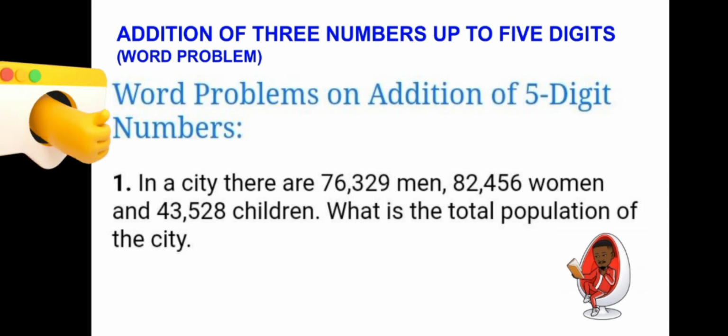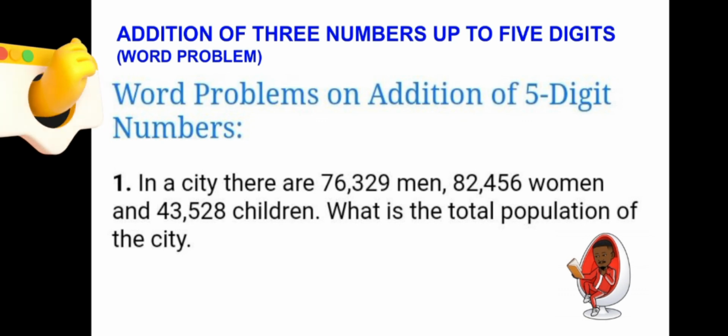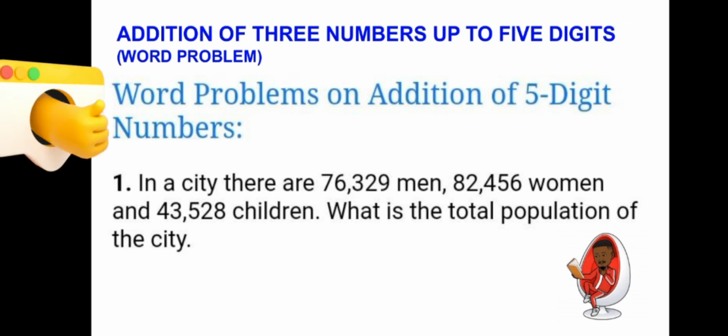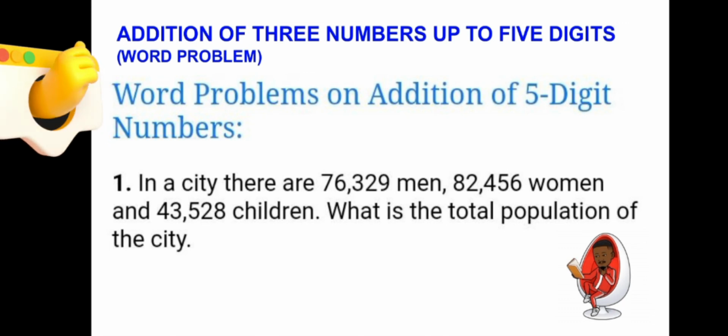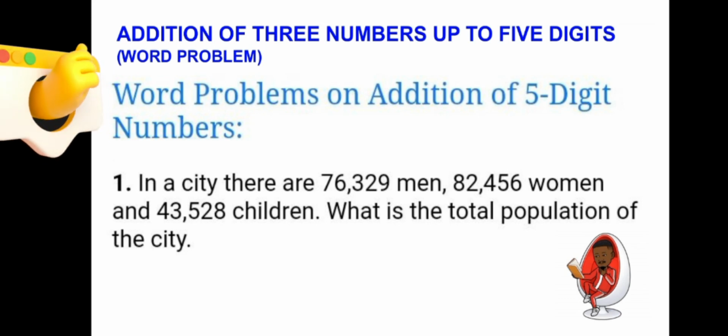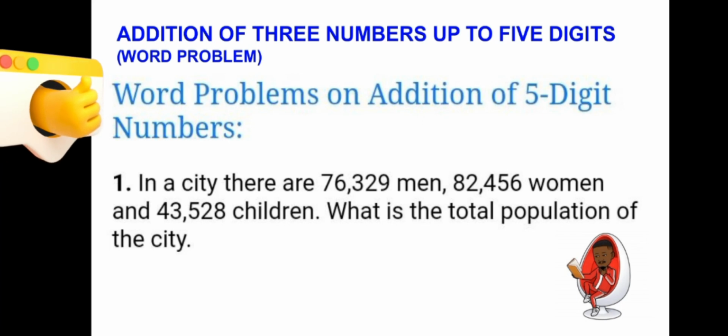Number 1, in a city there are 76,329 men, then 82,456 women, and 43,528 children. So they said, what is the total population of the city?